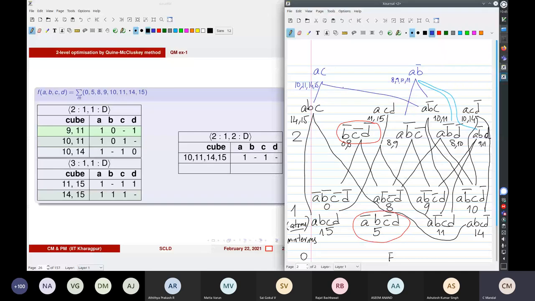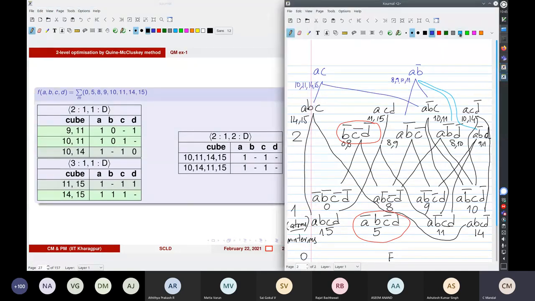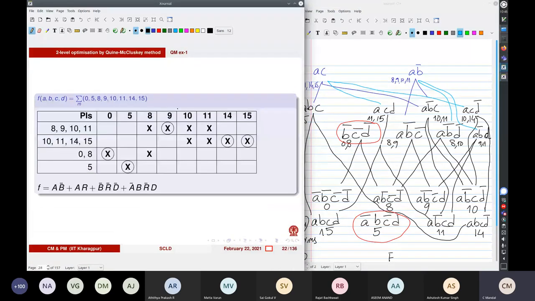And apparently we can combine one more: 10, 14 and 11, 15. We still get AC here. So I think that's about it.